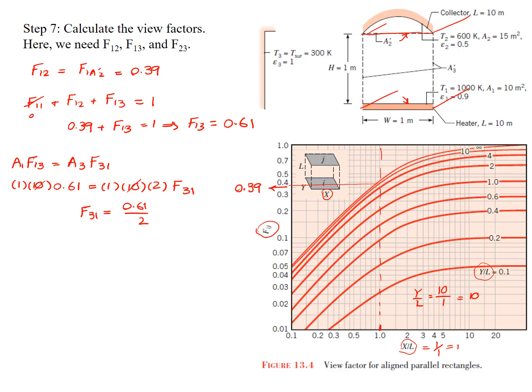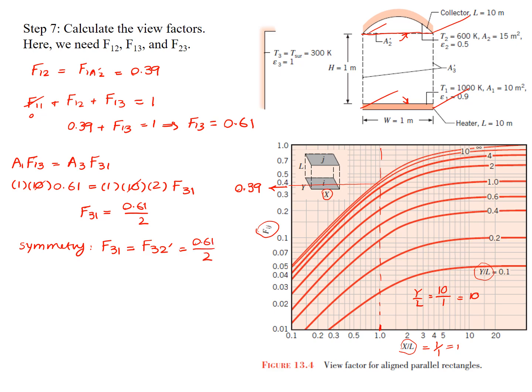So from symmetry, F31 is equal to F32 prime. In other words, F32 prime is going to be 0.61 divided by 2.